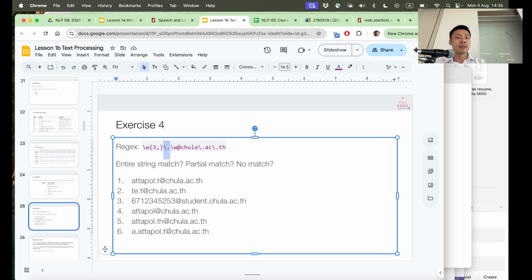And the dot here is okay. And the \W at this won't match at all. Okay, so by partial match I meant partially on the string, but the whole pattern needs to apply to the string. Okay, good question.